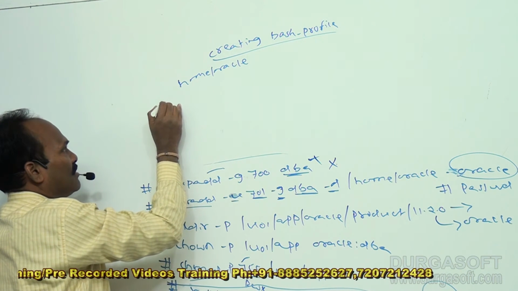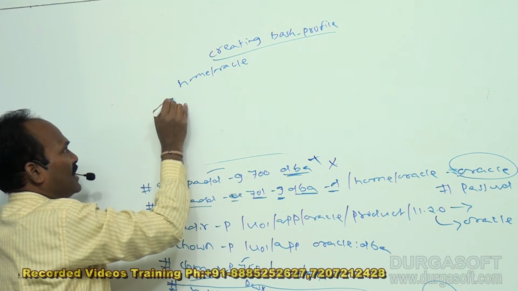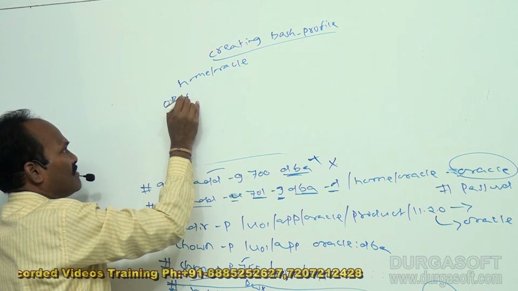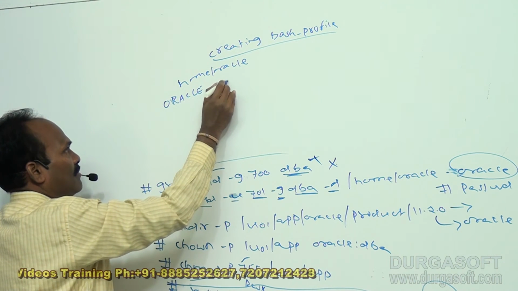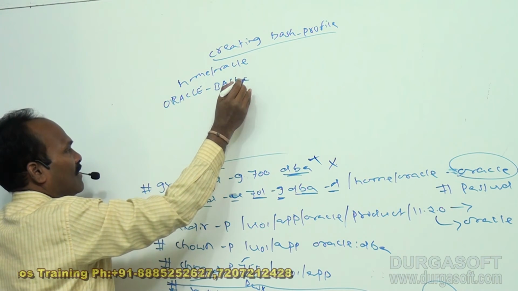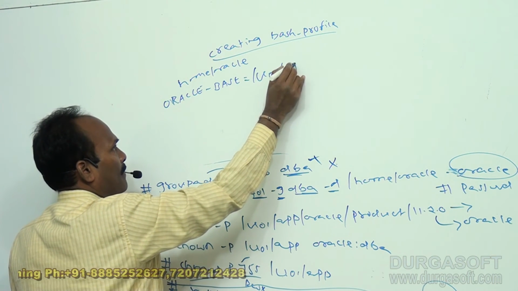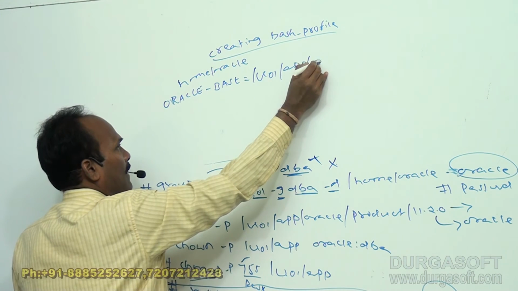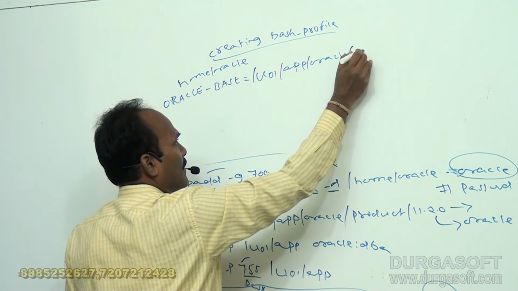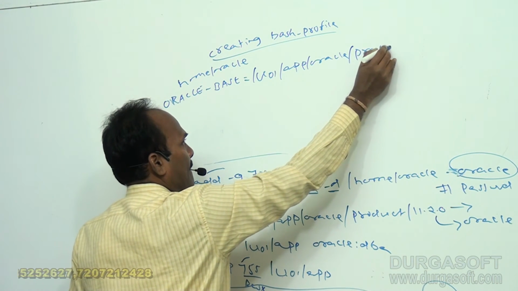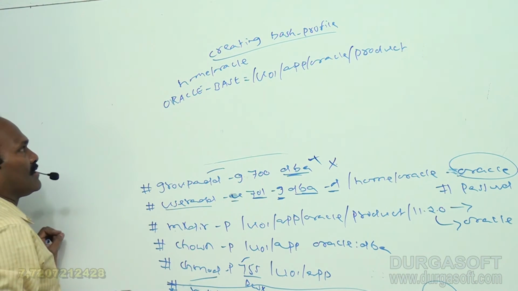First, we have to create an environment variable called ORACLE_BASE. This is for storing which one? /u01/app/oracle/product.